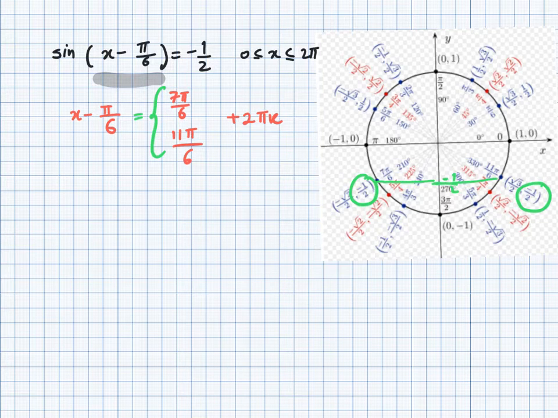So now on the left hand side we have x take away pi over 6, and what we actually want is x by itself. So in order to get rid of negative pi over 6, we're going to do the same as you would do in solving an equation. We're going to add pi over 6, and we're going to add pi over 6 on this side as well.